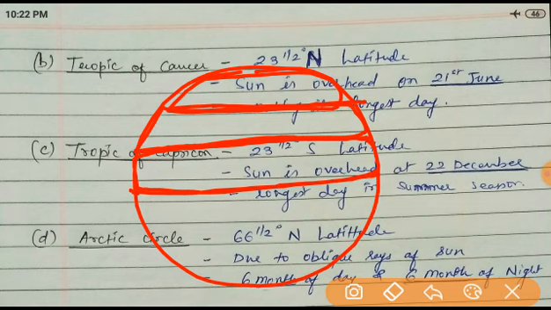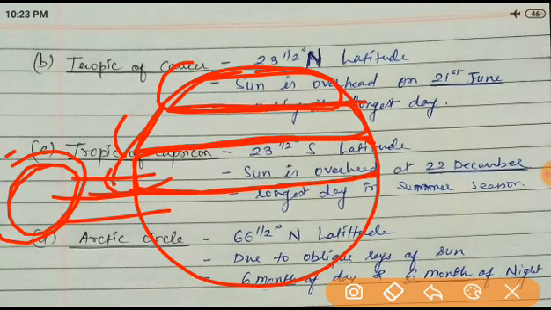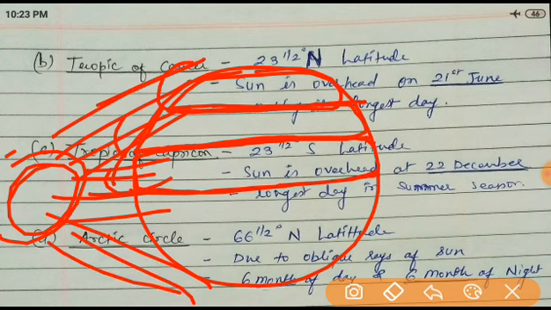After these lines, the percentage of heat decreases because the sunlight is slanting. The light of the sun is decreasing from here to there. That's why these lines are very important.